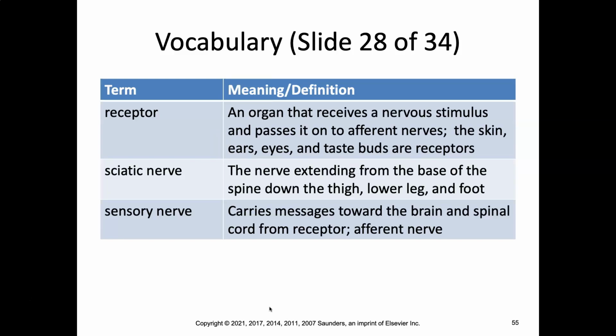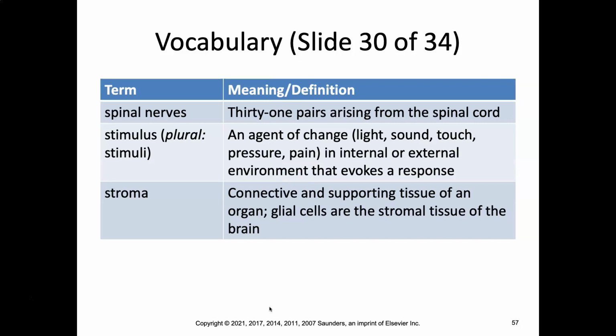Oh, let me go back really quick. The sensory nerve carries messages toward the brain and spinal cord from the receptor. It's an afferent. Instead of efferent, it's afferent. It's toward. Remember those? We talked about that earlier. Stimulus is singular. Stimuli is plural.